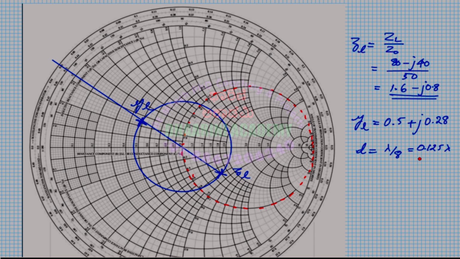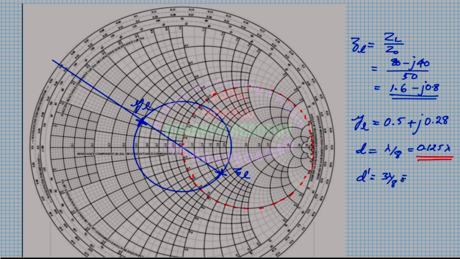So I see that now I have to move a distance of 0.125 lambda. Now you see, I'll make a difference. If at all they had asked to rotate it, so distance between them should be, say, d dash is equal to 3 lambda by 8, then what is the value?